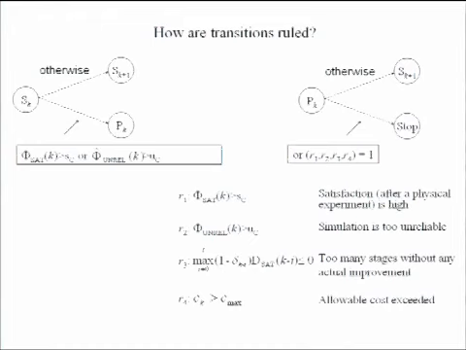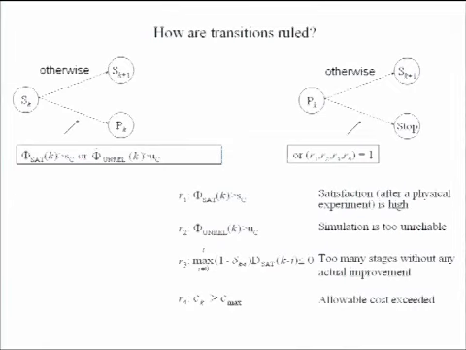Otherwise, I go on simulating. Here, this transition is important when I stop in two situations mainly. These two are the most important. Satisfaction is high and it's being confirmed by a physical experiment, or simulation is too unreliable. Better stopping, thinking about improving the simulation model, and then start with another procedure.